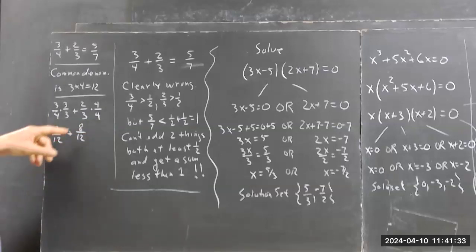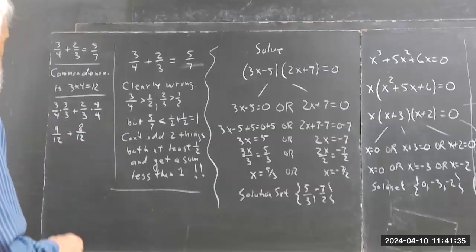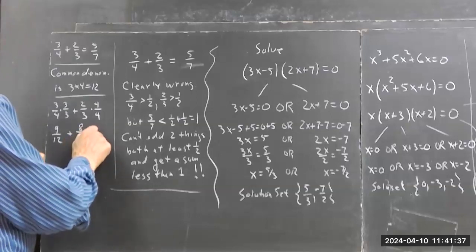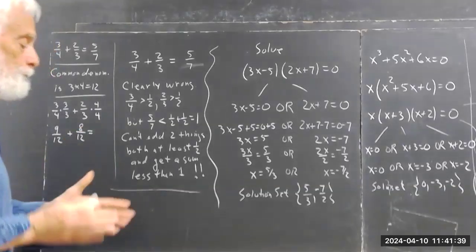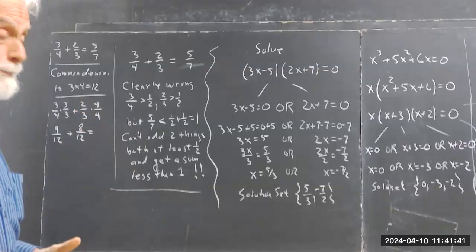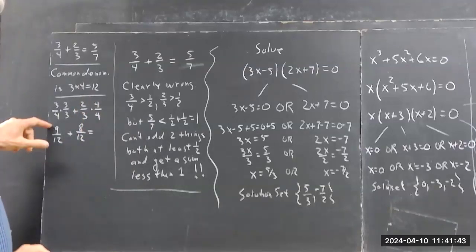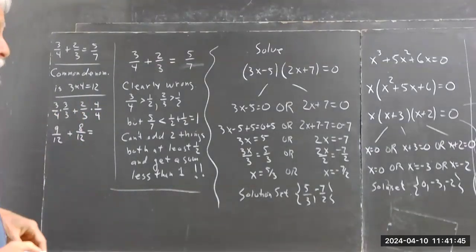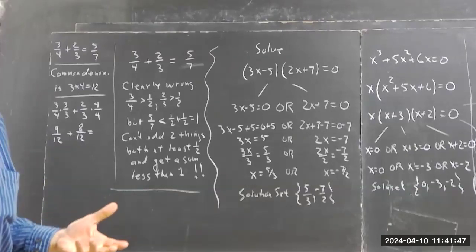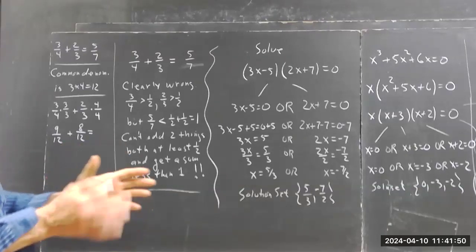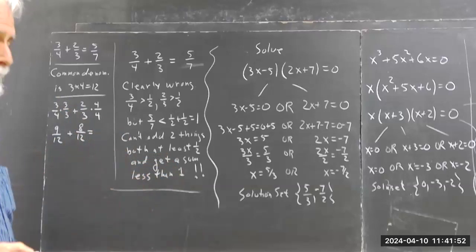Now we have 9/12 plus 8/12. So now it's like we cut the pizza into 12 pieces. You take 9 of them, I take 8 of them. Well, we can't do that because there are only 12 pieces. Maybe we've got 2 pizzas and we cut each of them into 12 pieces.